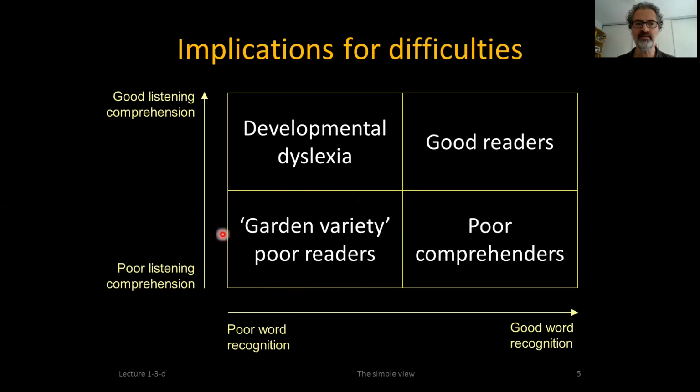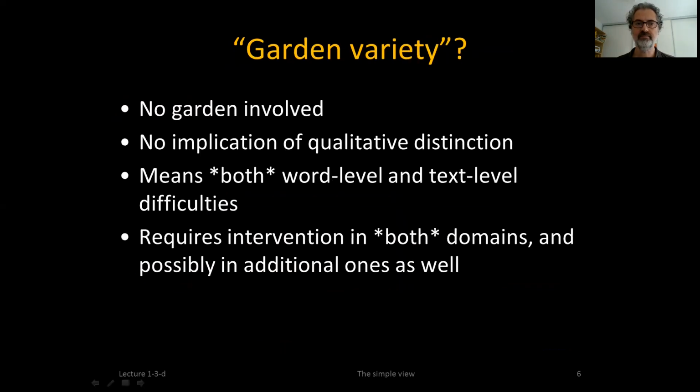Now, this is a somewhat outdated term. You will see it in the literature. Most people don't use it anymore, and I do not recommend that you use it. The reason is that it is somewhat misleading because it seems to imply that these poor readers are qualitatively different from the other kinds.